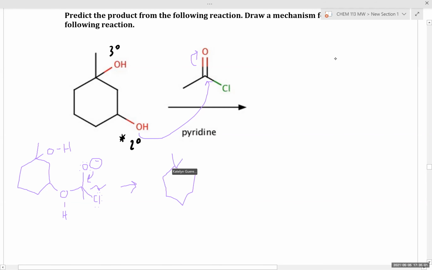From here, we now have this protonated ester. And to get our neutral isolable product, our organic base, which in this case is pyridine, is going to pull off our proton.